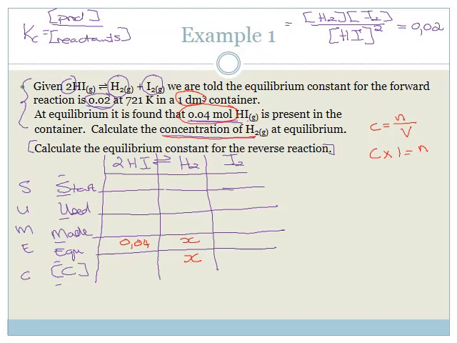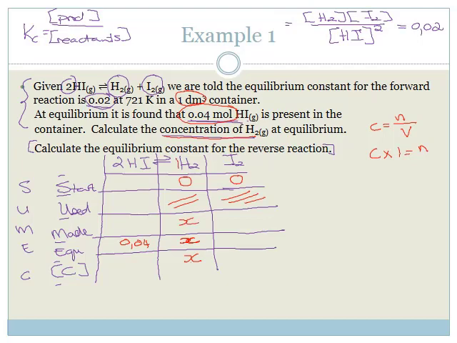Right, now what do we need to realize? Since they don't tell us otherwise, we start with 0 hydrogen and 0 iodine. Obviously we haven't used up any of that. And we have made, if we ended up with X hydrogen, then obviously we made X hydrogen.